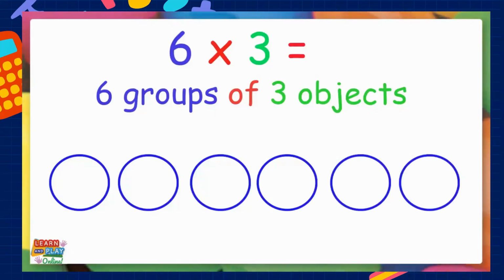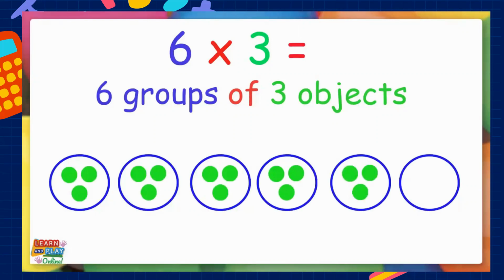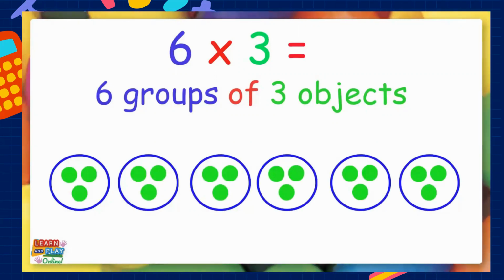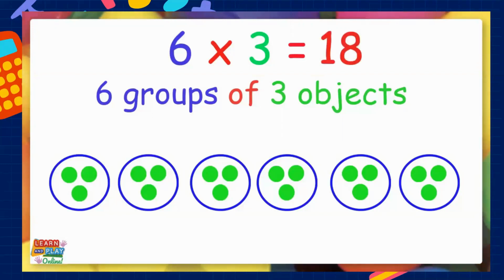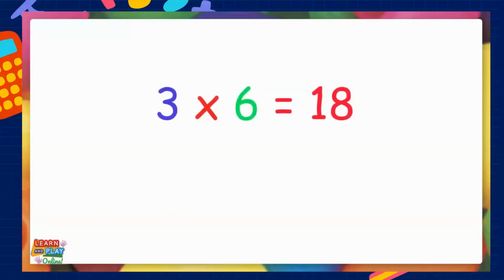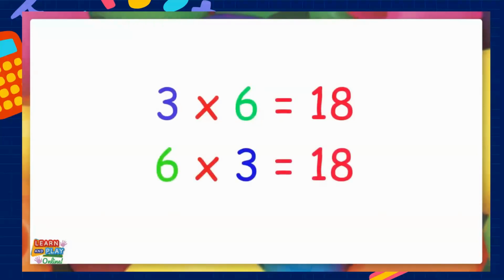Now let's put 3 dots in each group. Now that we have all the dots, what is the answer to 6 times 3? 18. Excellent! So now we know that 3 times 6 is 18 and 6 times 3 is also 18.